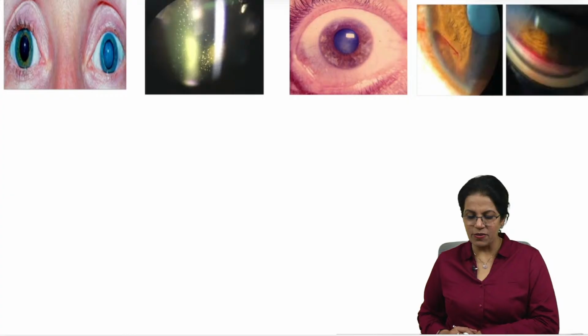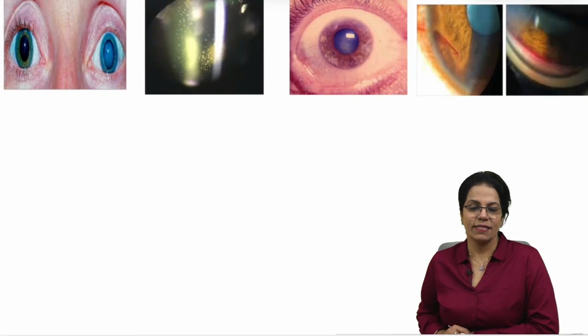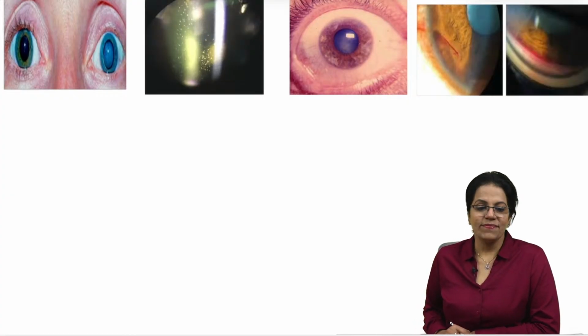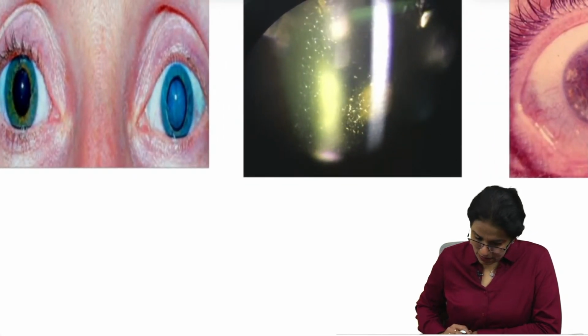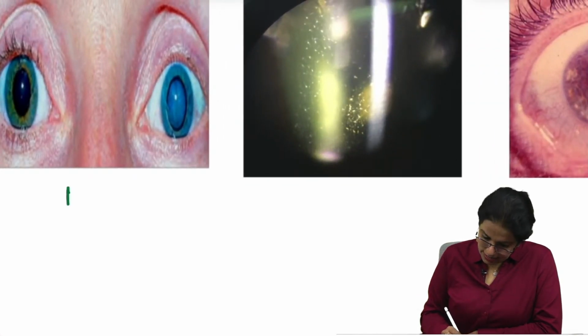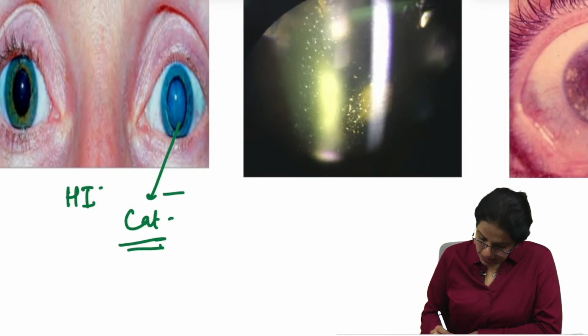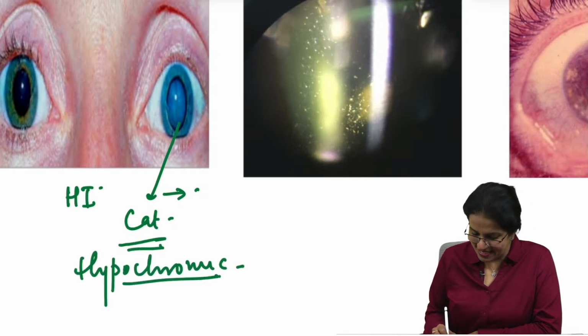Okay, what is the diagnosis of this slide, all of you? What I see here is heterochromia iridis. I can even see cataract in this eye, and this is the lighter or hypochromic one, so the affected eye is hypochromic with heterochromia iridis.